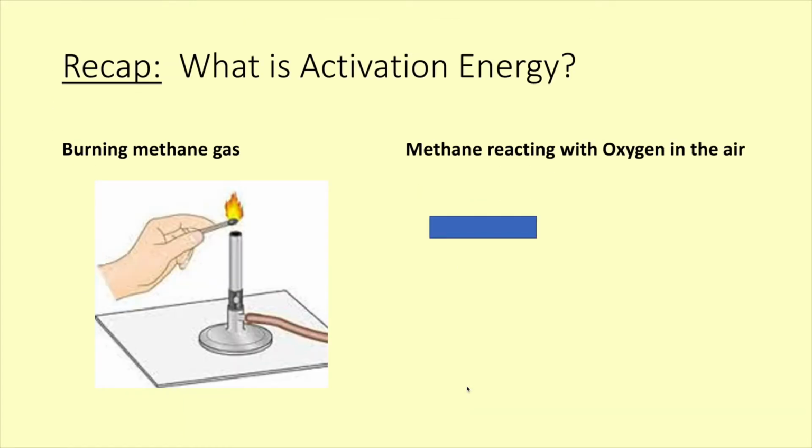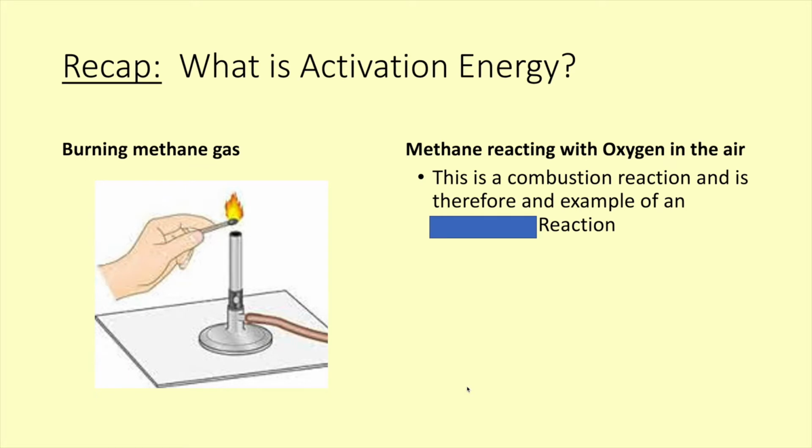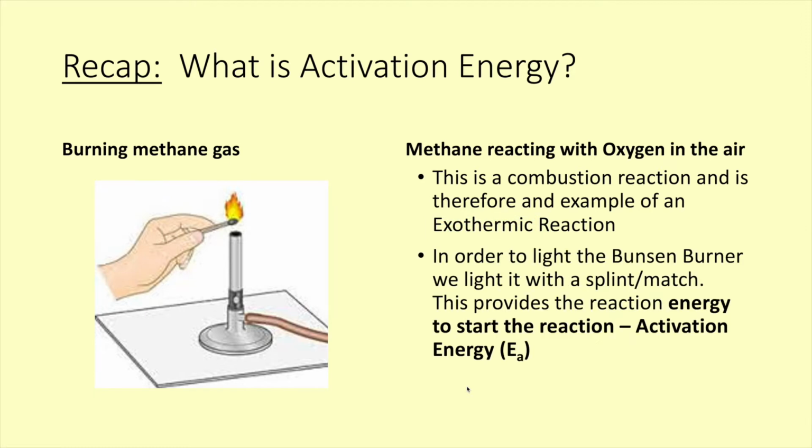We talked a bit about what activation energy was. So when we're burning methane gas, for example, lighting a Bunsen burner, that reaction going on there is your methane reacting with oxygen in the air. It's a combustion reaction, and therefore it's an example of an exothermic reaction.